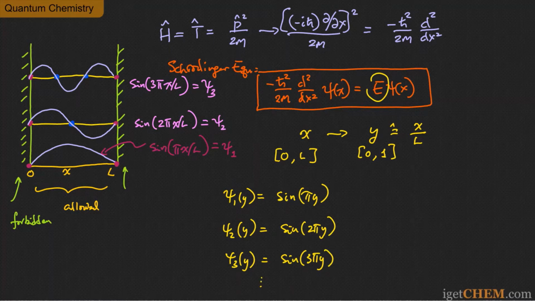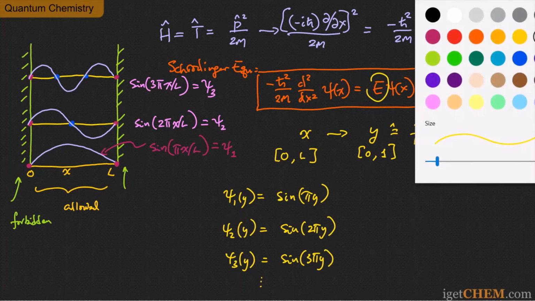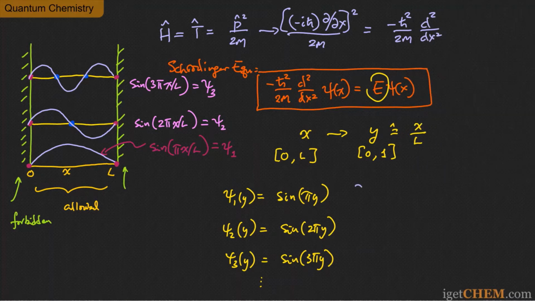There are many of these. So collectively, I can rewrite all of these as essentially psi n, where n is 1, 2, 3, or any other integer. So psi n of y is equal to sine of n pi y.